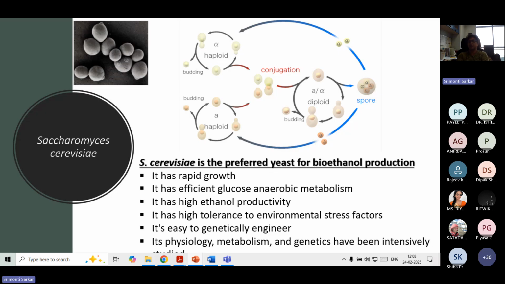Yeast is not trying to produce ethanol. What it's actually trying to do is extract energy from glucose, right?